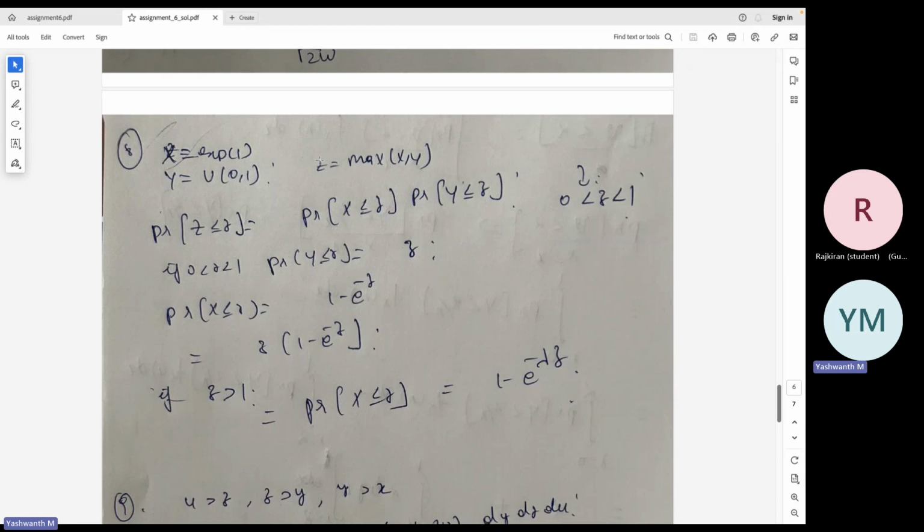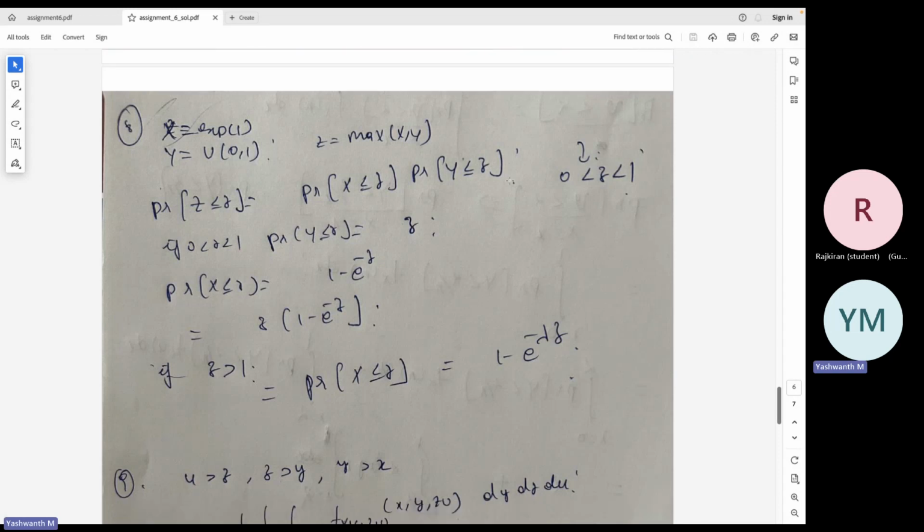So yeah, how do you find the distribution of the maximum function? The maximum of two independent unknowns, I'm denoting it by Z. The maximum itself is lower than some z, so X and Y will definitely be lower than z, because the maximum is smaller, right? Then because of independence, you can separate out these things: probability X less than z and Y less than z.